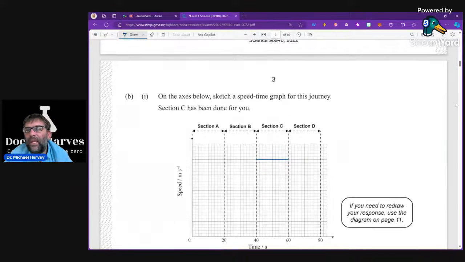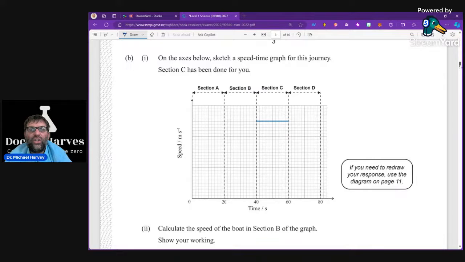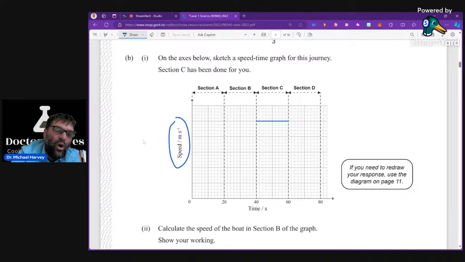Okay, part B of that question, part BI: on the axes below, sketch a speed time graph for your journey. Section C has nicely been done for you. Be careful moving from a distance time graph to a speed time graph. Always look at the axes to see which one you're working with.